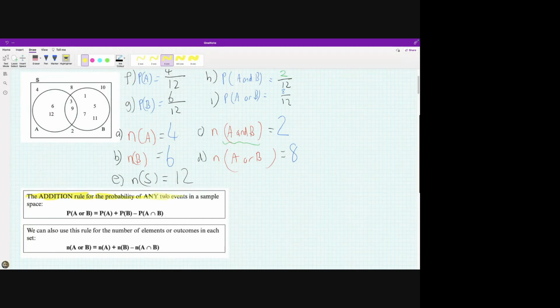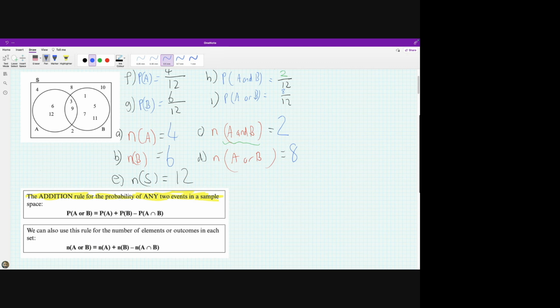In fact, this actually works for everything. But it's particularly helpful when they're non-mutually exclusive. What is the probability of A or B? It is the probability of A plus the probability of B minus the intersection.